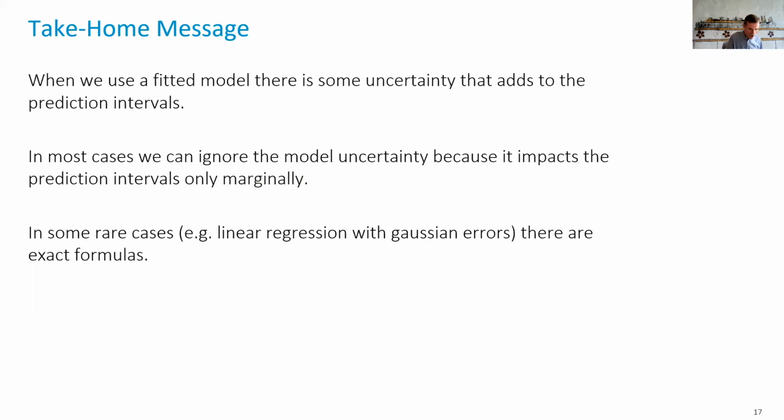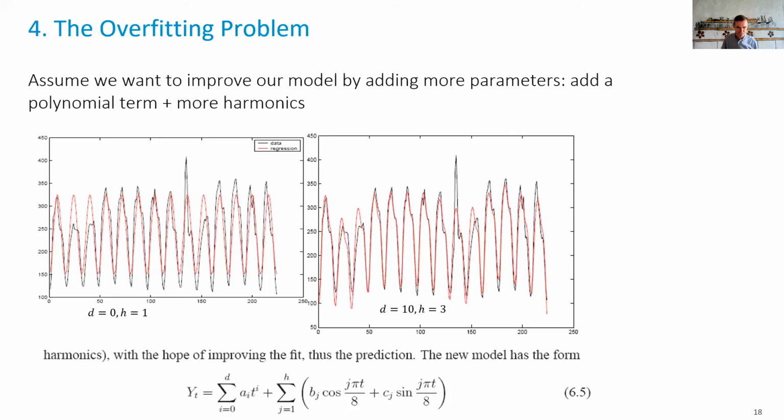If you are fortunate enough to do linear regression with Gaussian errors, then there are exact formulas, so the problem does not arise, but that's a fairly rare case. Voilà, that's our first pass on prediction using regression models.